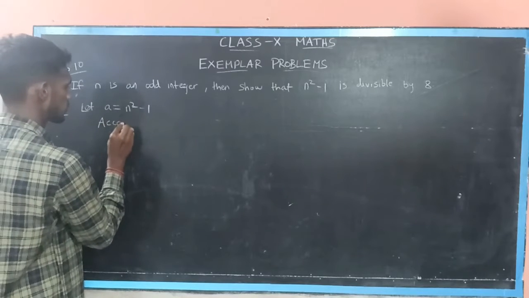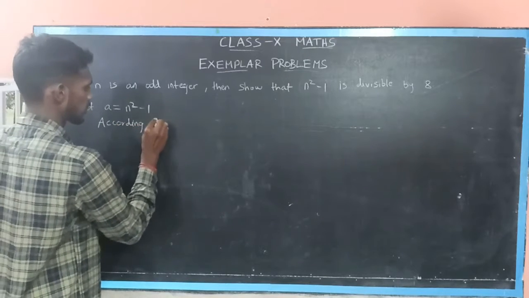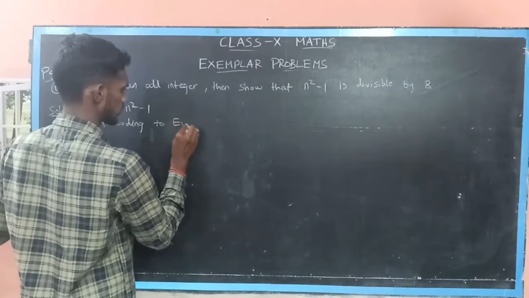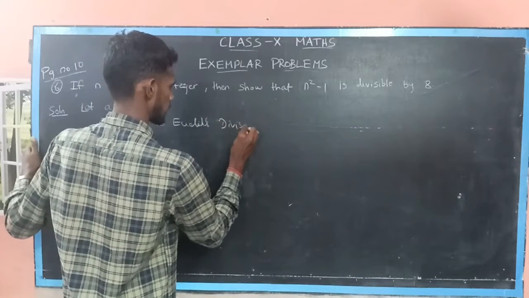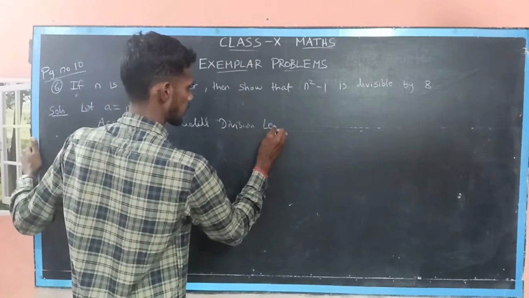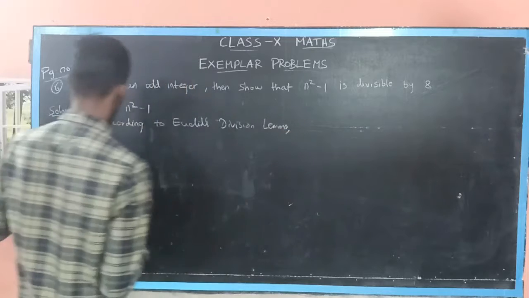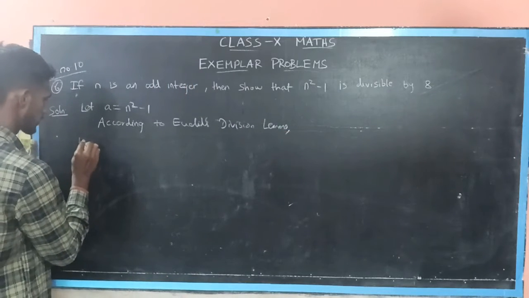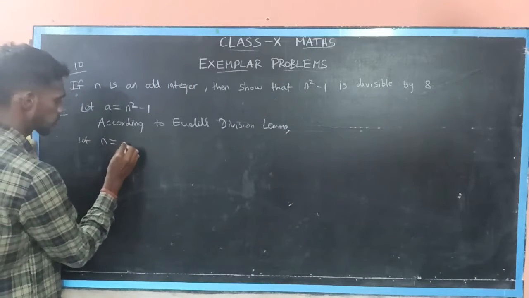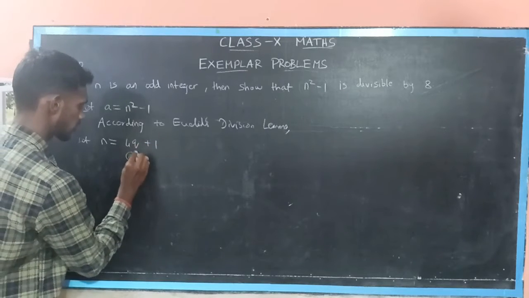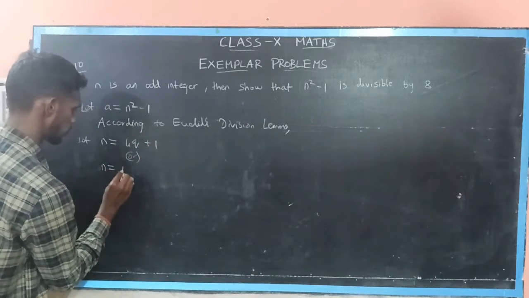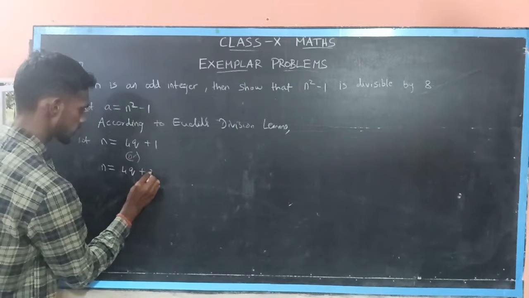So, according to Euclid's division lemma, let n is equal to 4q plus 1 or n is equal to 4q plus 3.